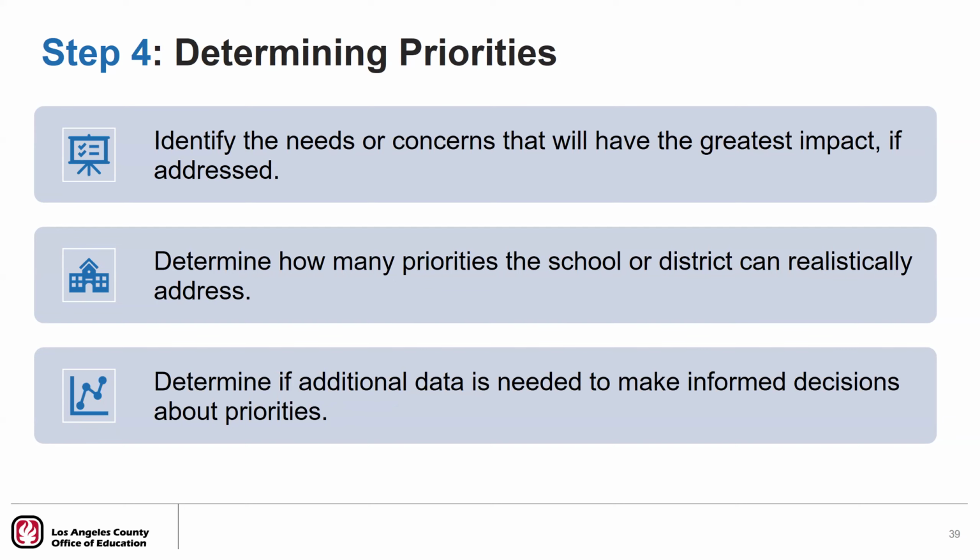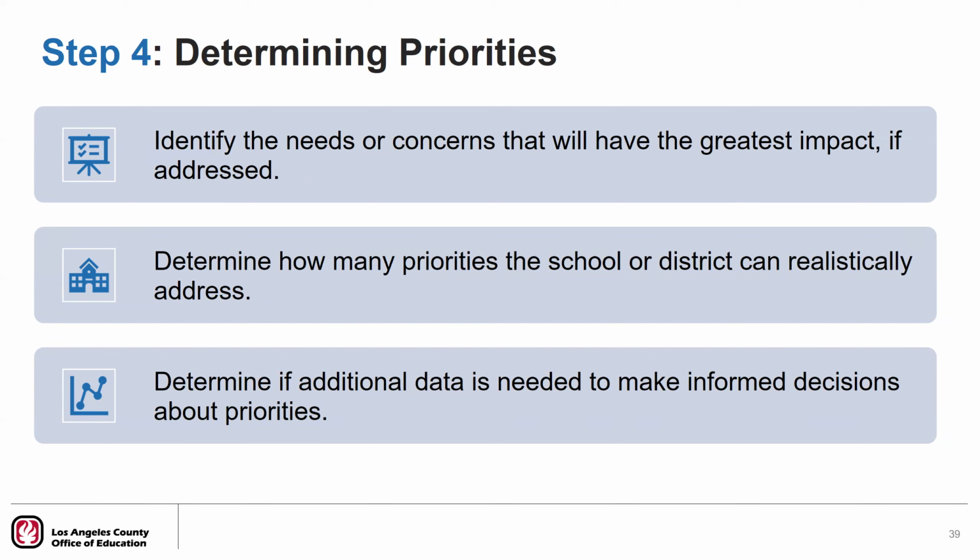So through the needs assessment process, it's likely that multiple needs or concerns will emerge. And so this step involves prioritizing those needs so that improvement efforts are directed towards a manageable set of priorities, as well as those that will have the greatest impact for students.